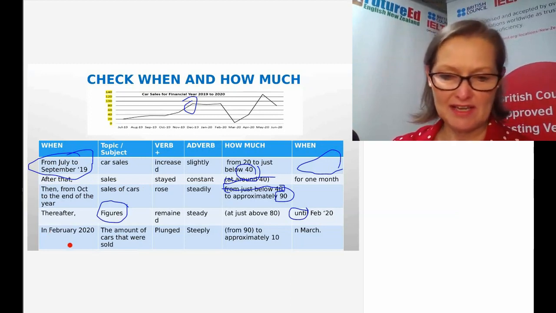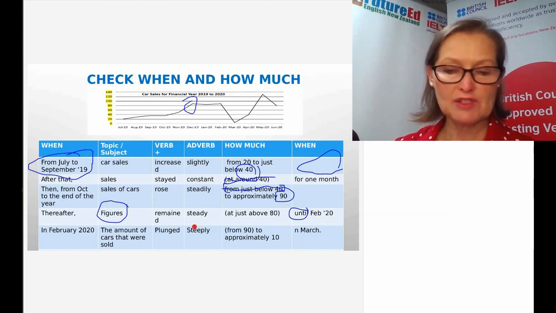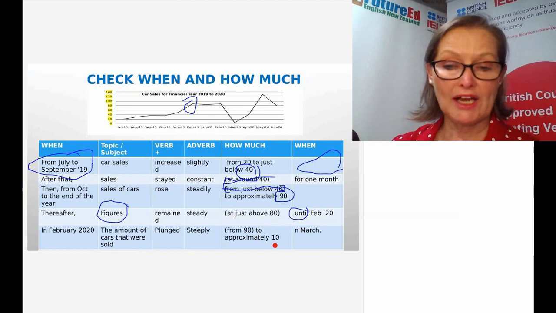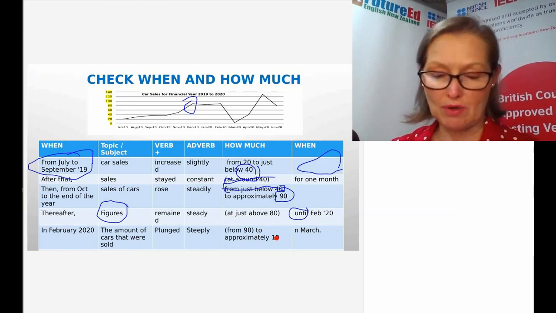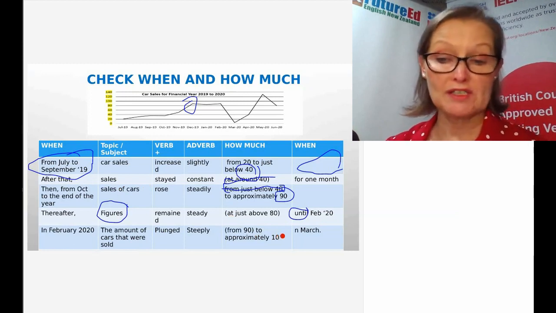So then I could say, in February 2020, the amount of cars that were sold plunged steeply. And again, from 90, which I could leave out, I could just say to approximately 10.